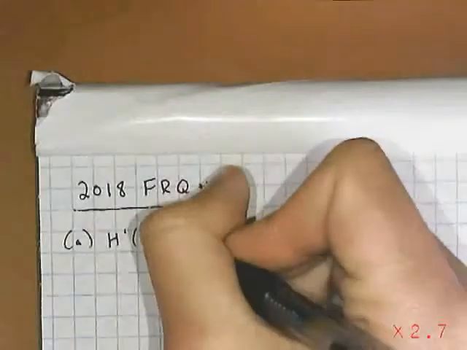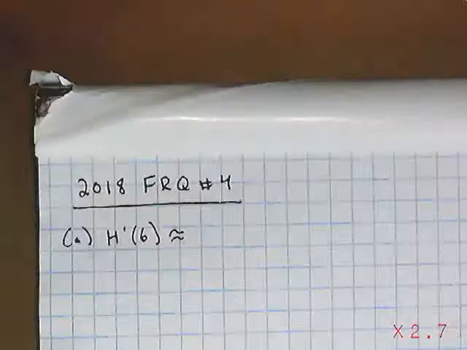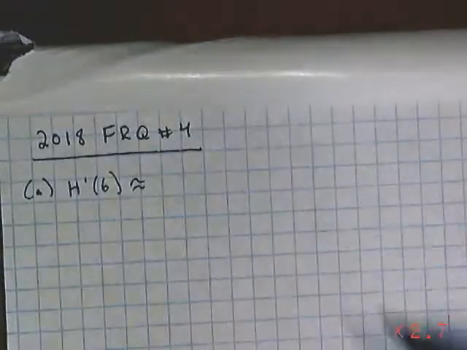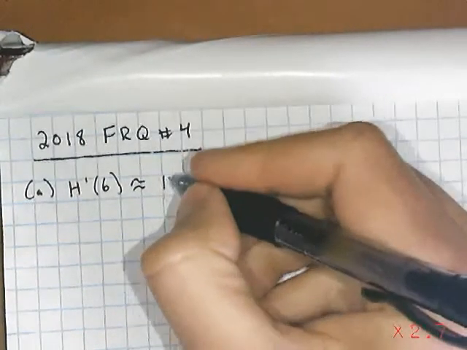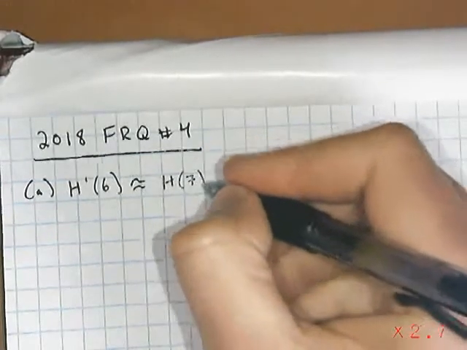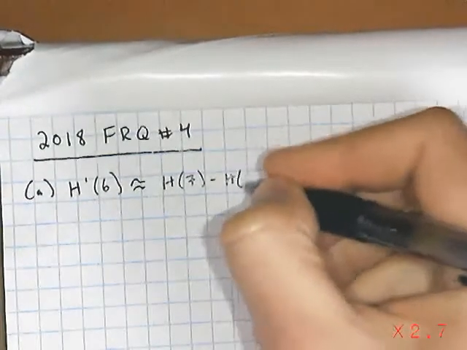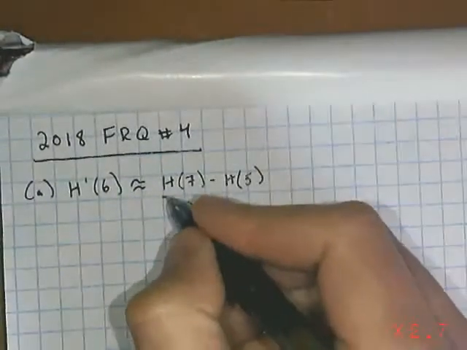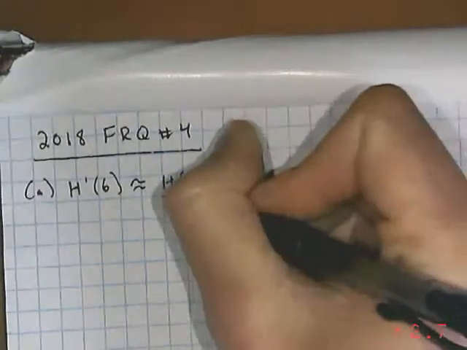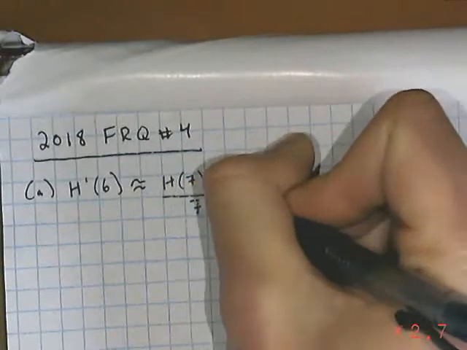Well, the approximation we're going to look at is the difference quotient of h of 7 minus h of 5, so around 6, over 7 minus 5.